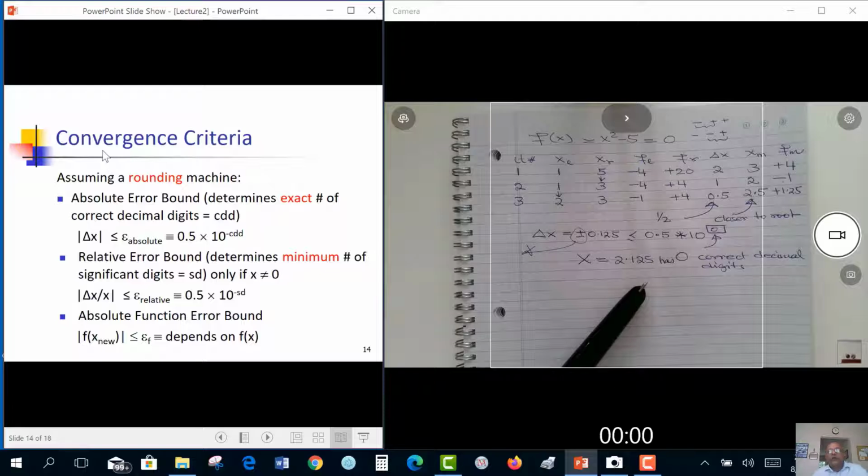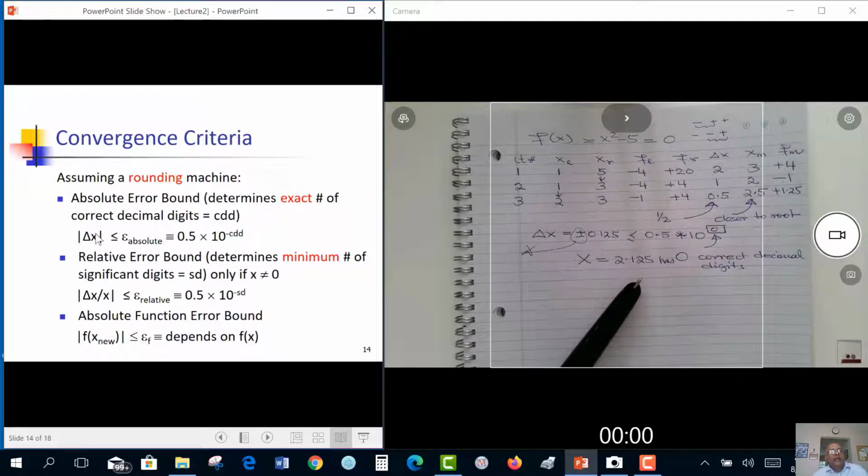So we just talked about convergence criteria. It turns out there are 3 convergence criteria we could possibly use. Now we are assuming a rounding machine, and again we are going to talk about this rounding versus truncating later on. But let's just look at convergence criteria. So one we call is an absolute bound. What the absolute error bound does is it helps us determine exact number of correct decimal digits, CDD for short.